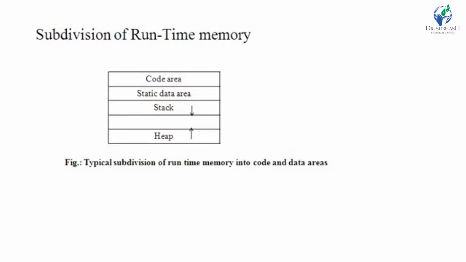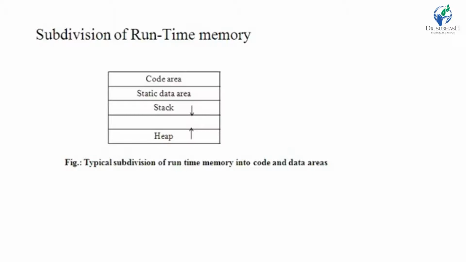This runtime storage is subdivided to hold code and data, such as the generated target code and data objects. The size of generated code is fixed, so the target code occupies a determined area of the memory, and the compiler places the target code at the end of the memory.